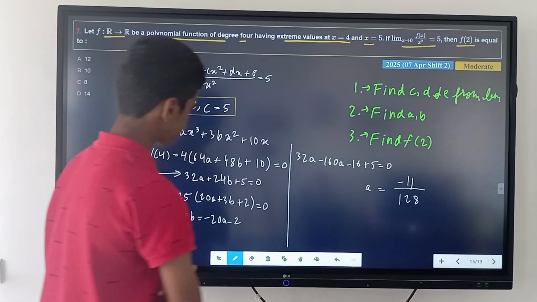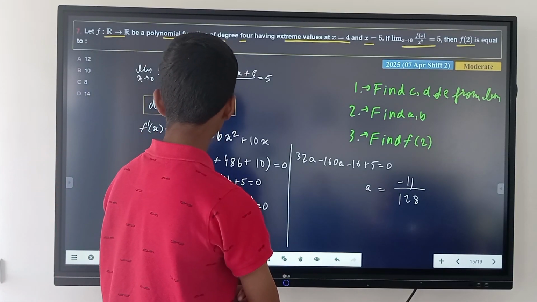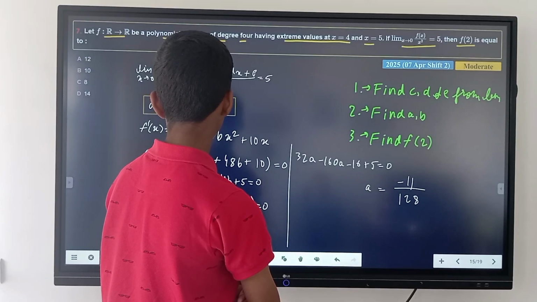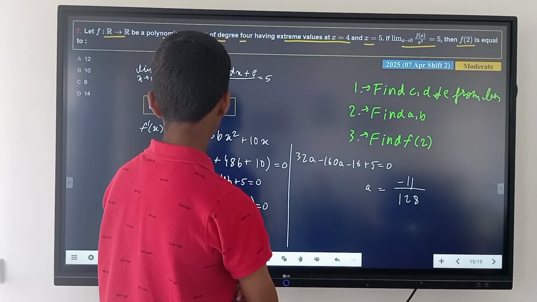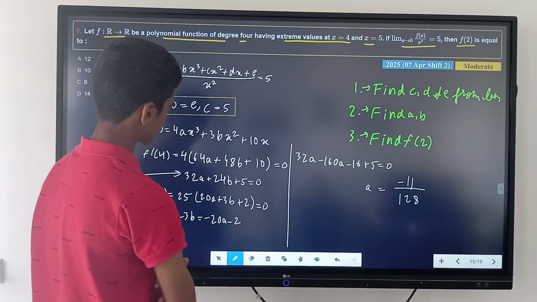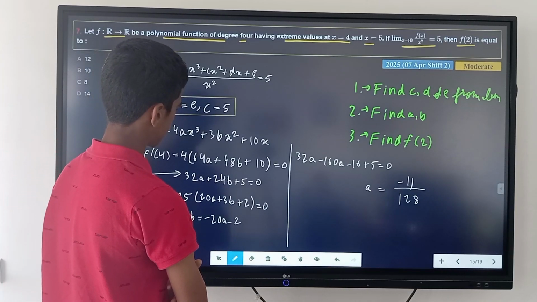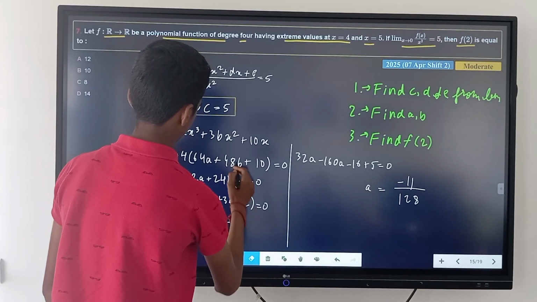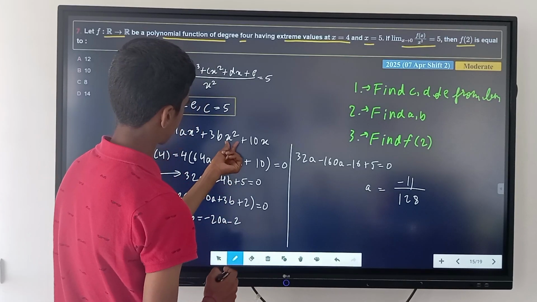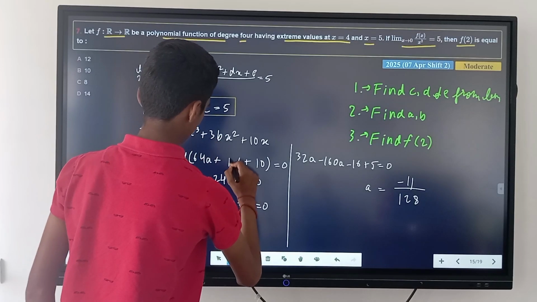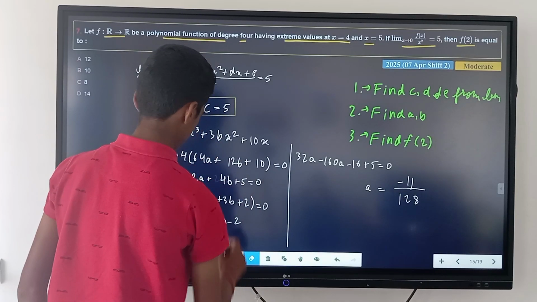Please write f dash 4 is 16 into 64 and 10. This will be 12, sorry, because we have taken 4 outside, we will get 4 into 3, 12. This is 12.